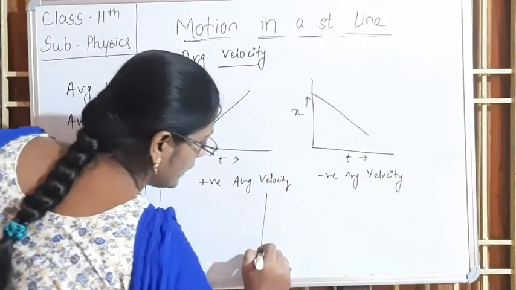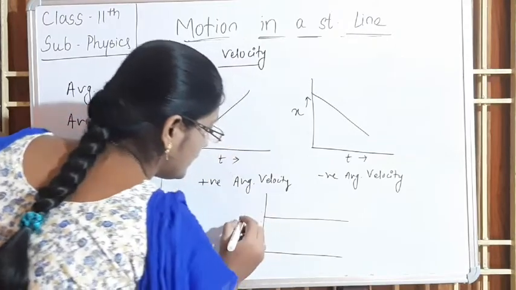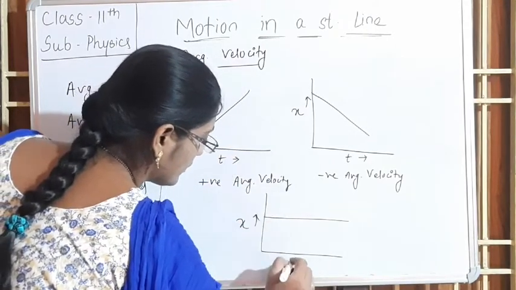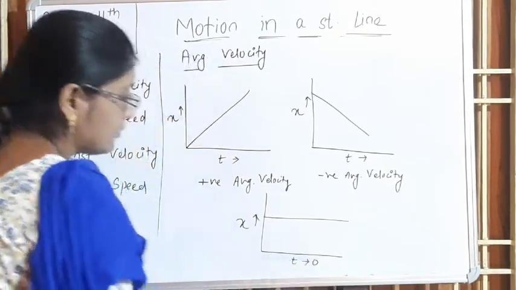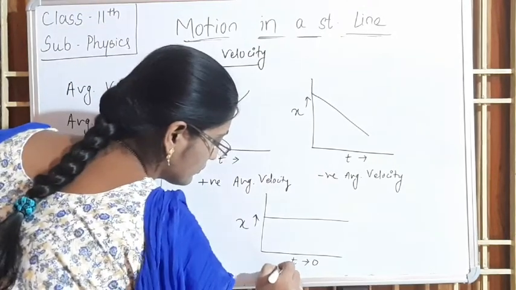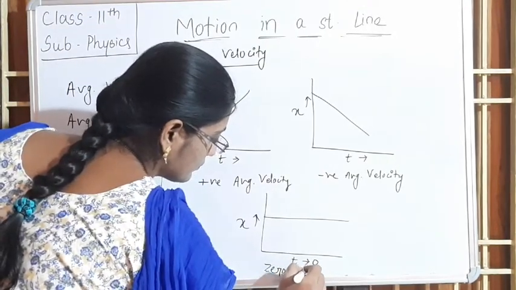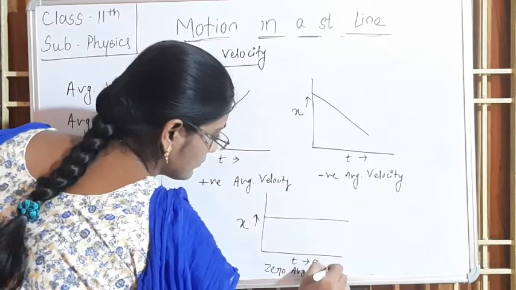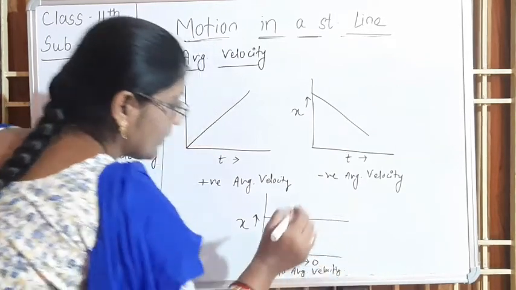And this is the graph for zero average velocity. Clear?